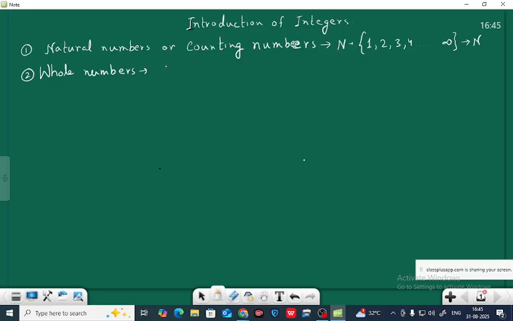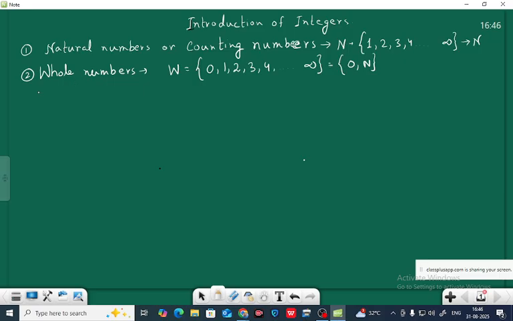Whole numbers are represented by W, and W can be represented as a collection of numbers starting from 0, that is 0, 1, 2, 3, 4 up to infinity. Or it can be written as whole numbers are the collection of 0 and natural numbers.